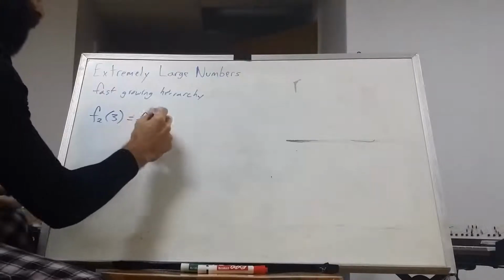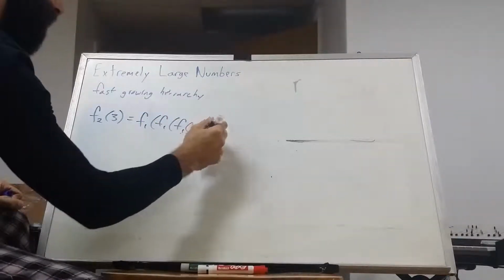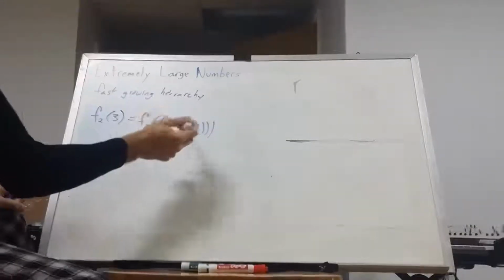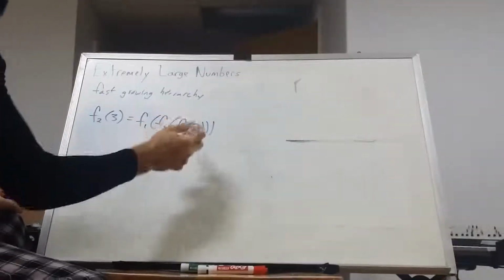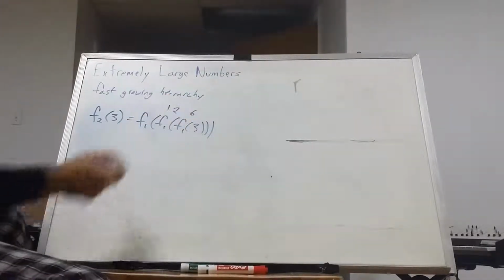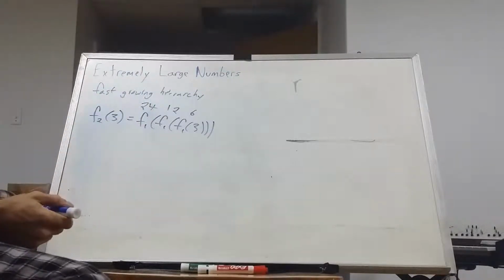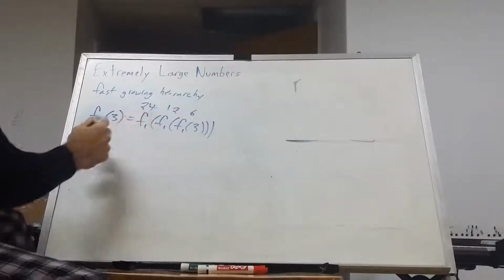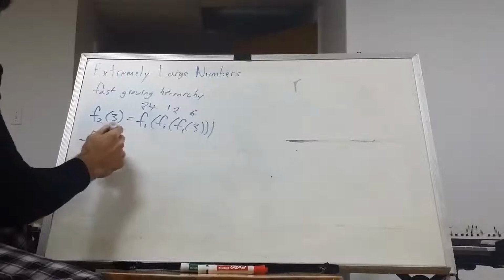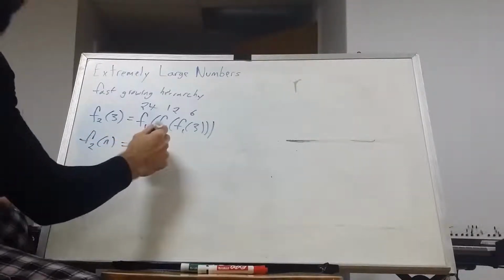So f1 of f1 of f1 of 3. Well, we know this is a doubling function. So f1 of 3 is going to equal 6. f1 of 6 is going to equal 12. And f1 of 12 is going to equal 24. And what's happening here, another way to write this is we can go 2 to the power of n times n.